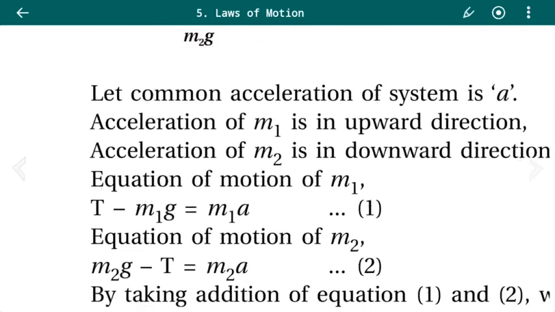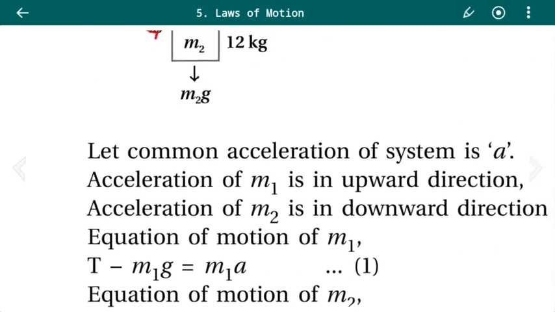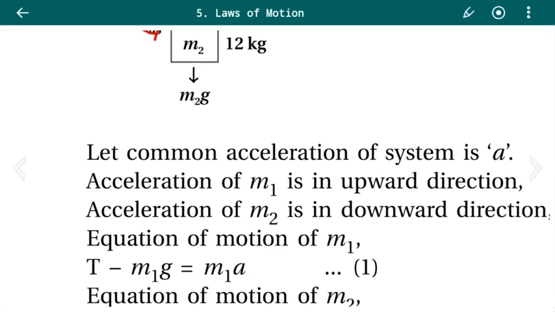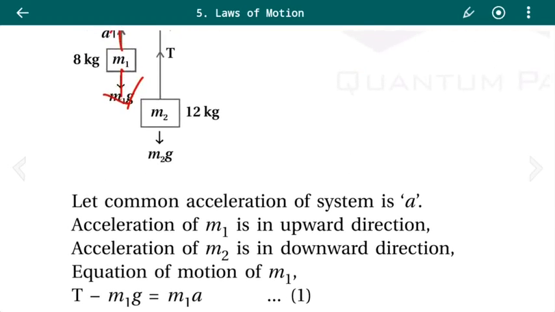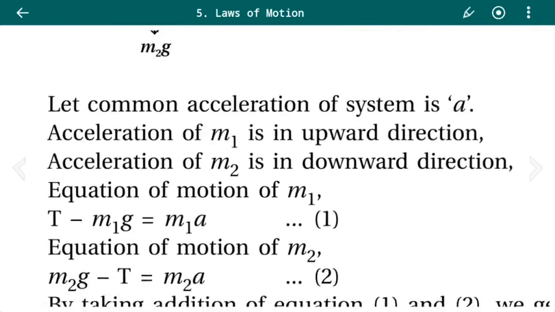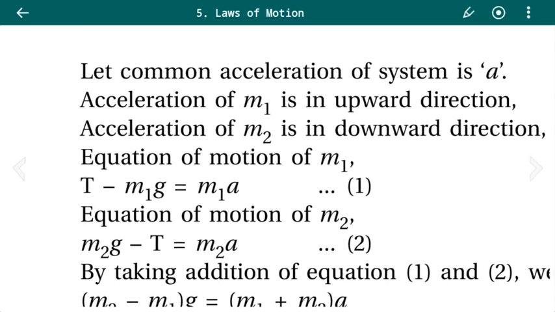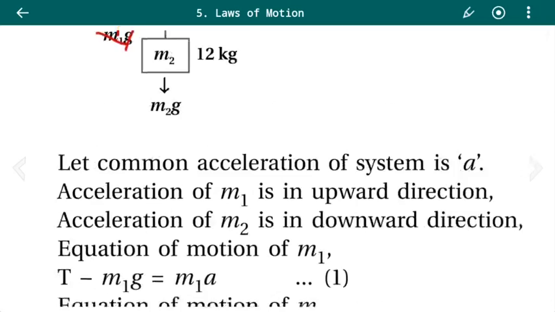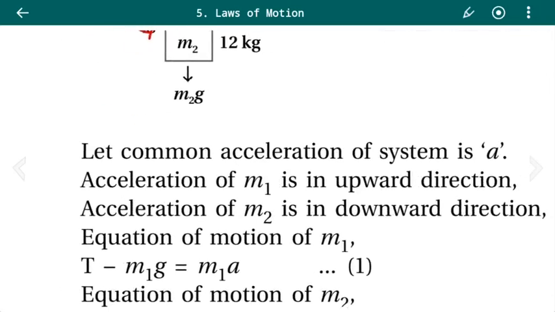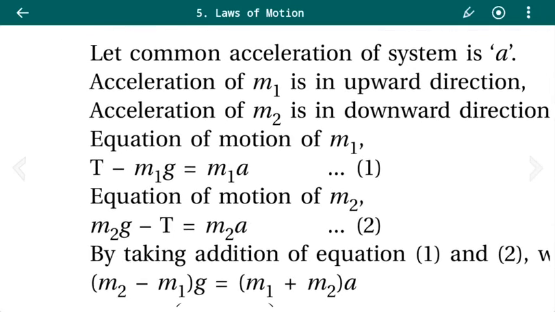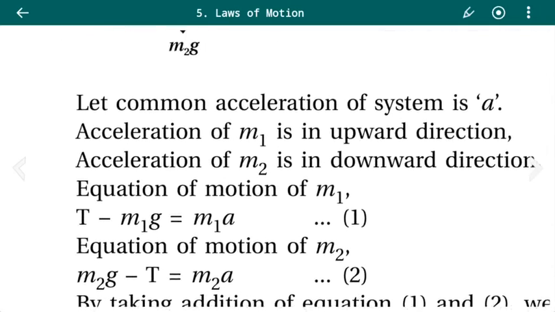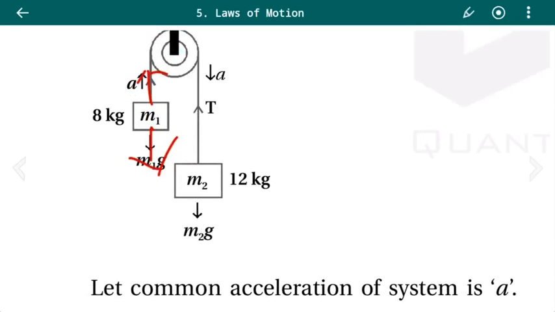So upward direction is taken as positive, so T minus m1g equals the force exerted on the mass, that is m1a. Now equation of motion on m2. Here m2g is in the downward direction and tension is in the upward direction.